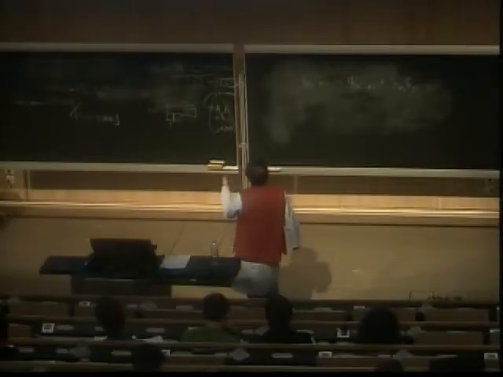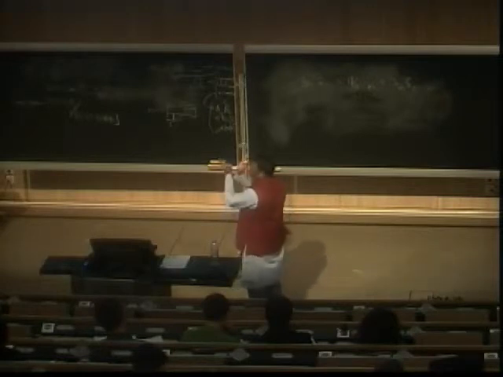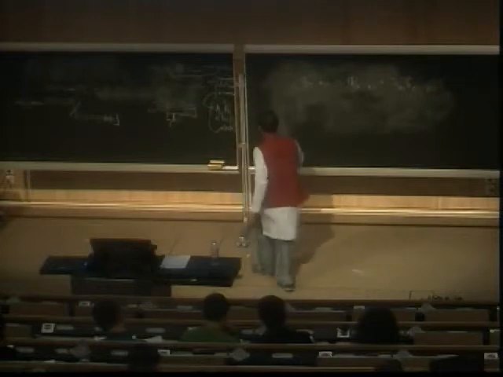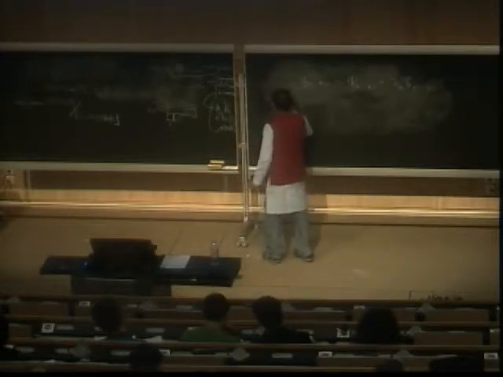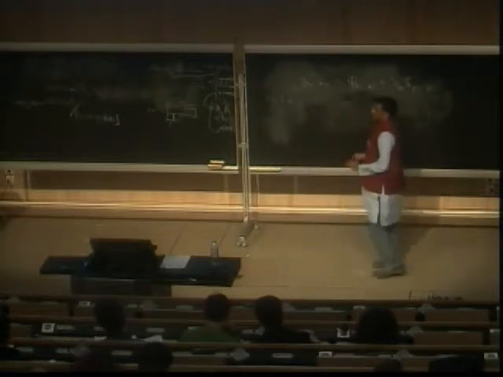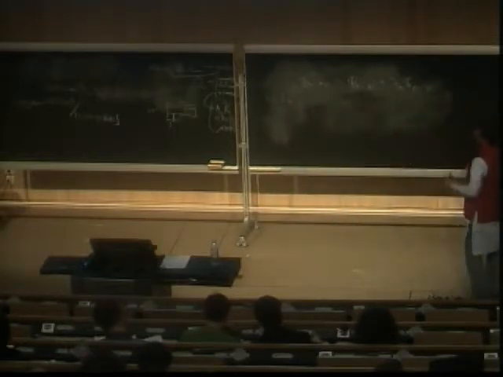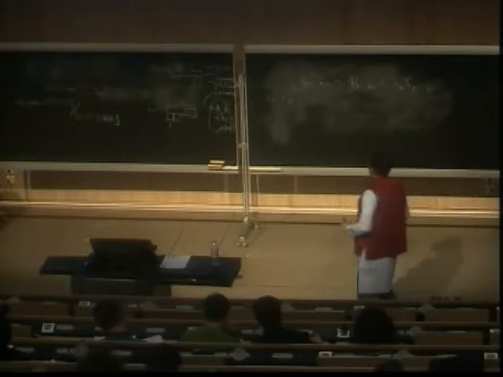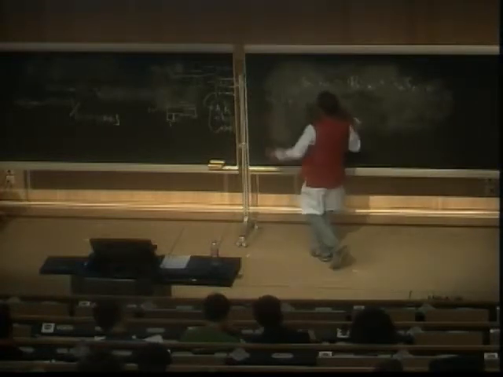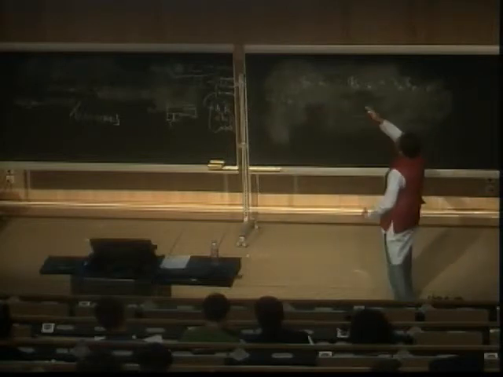The HS lambda sits in its wedge, if you wish, just like SL2R times SL2R, which is the L0, L plus minus 1, which is extended to all the L plus minus n.